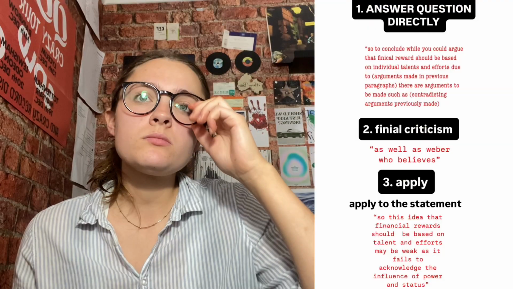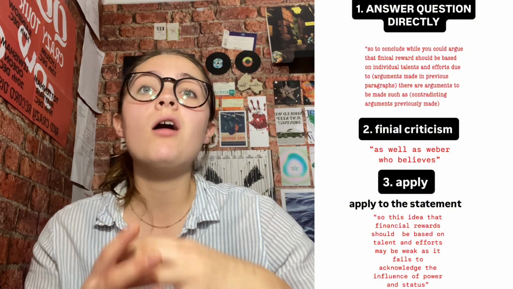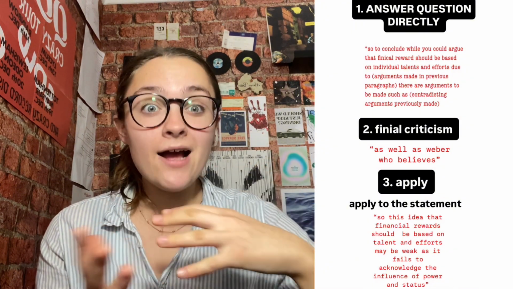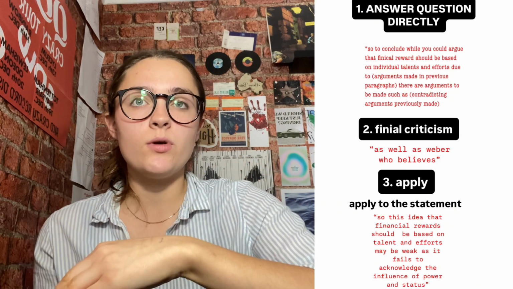The last thing you do is a critical conclusion. And the critical conclusion should answer the question directly. Because it's a statement, we've got to attack that statement and answer that statement.